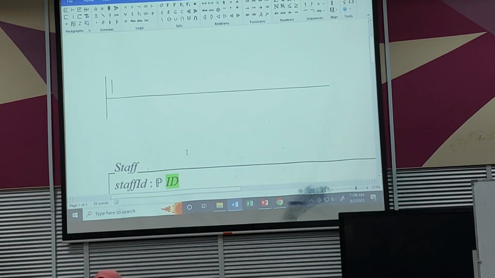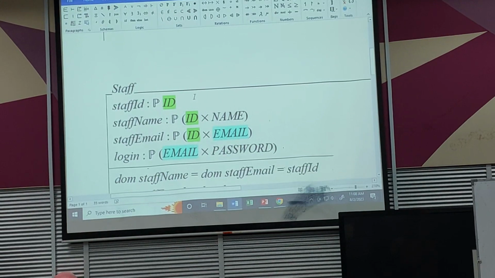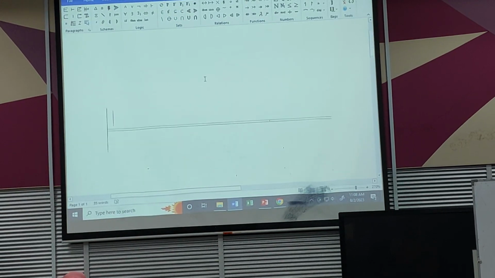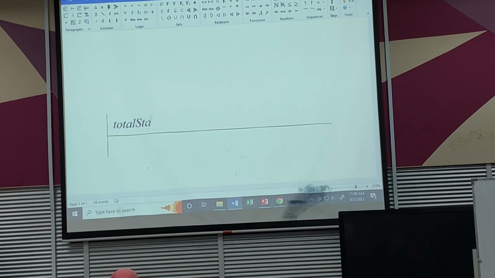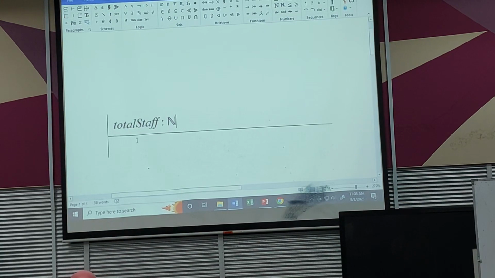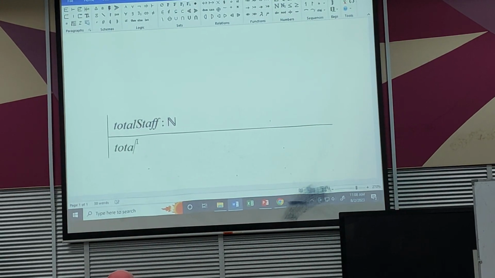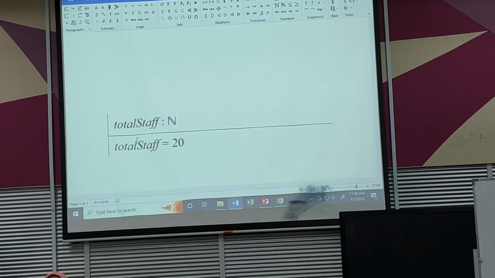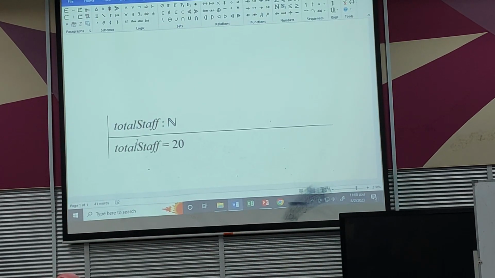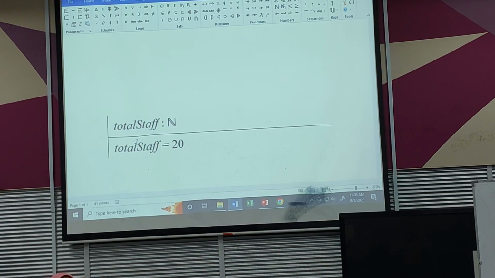what is, okay lah, total staff, for example, in a company cannot exceed 20, for example, only. Let's say total staff, in my company I can have only 20 only, because not enough, the room is small, for example, so I can have maximum 20 staff only.